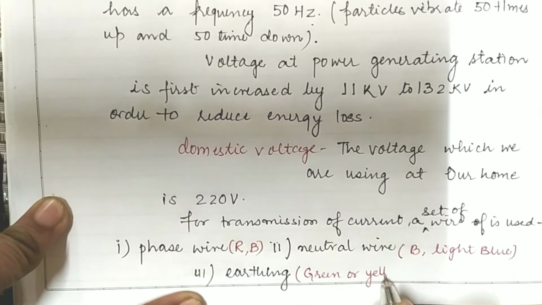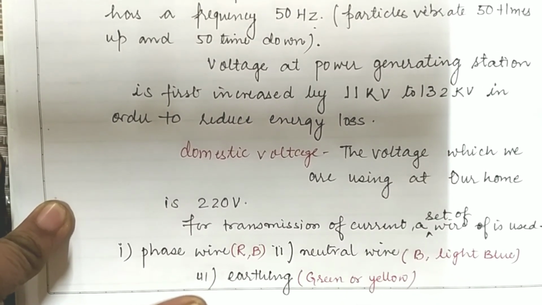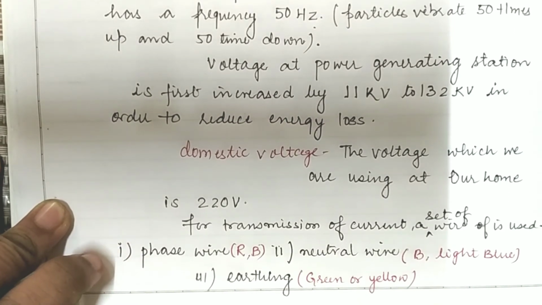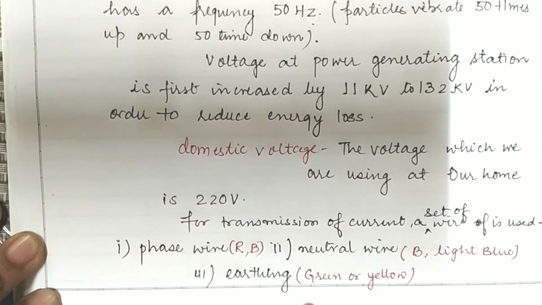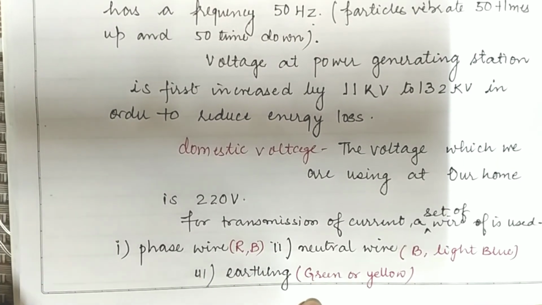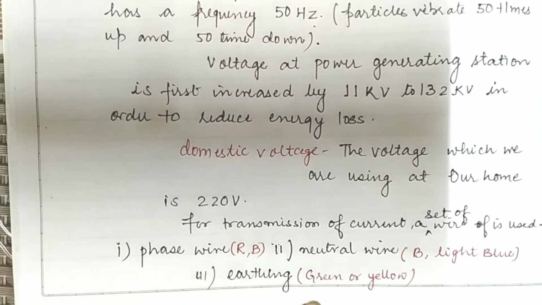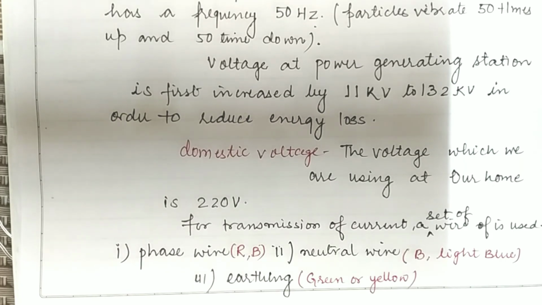So these are the colors with which we can easily distinguish the phase wire, the neutral wire and the earthing wire.